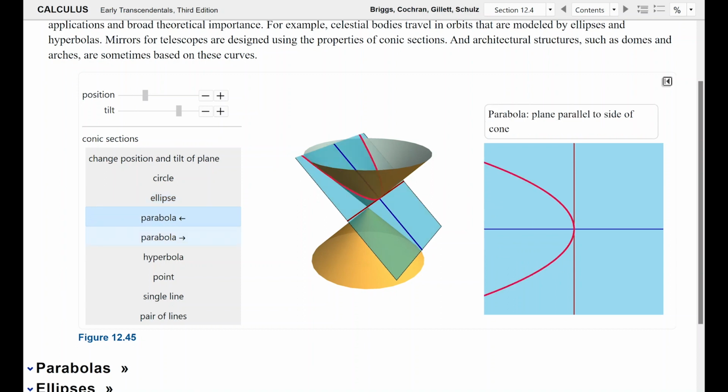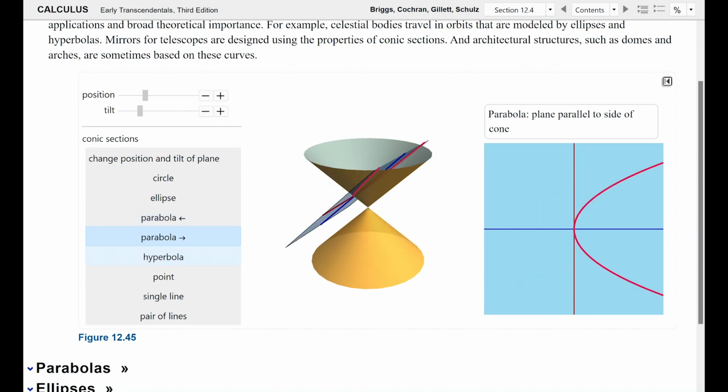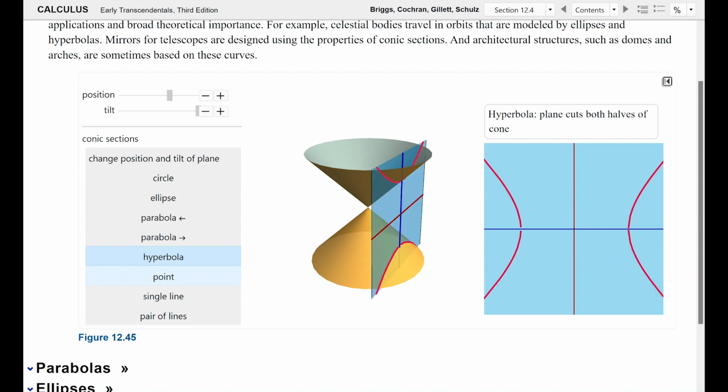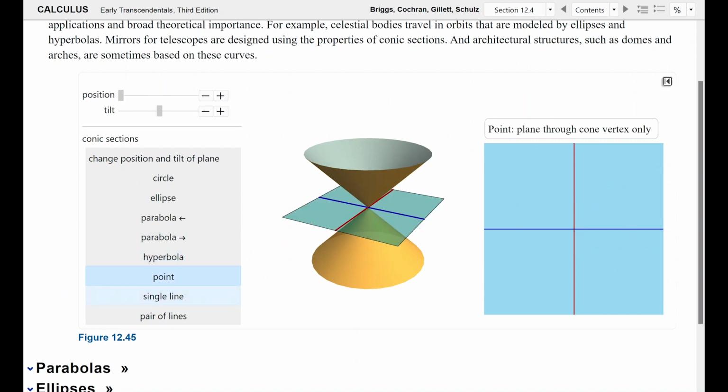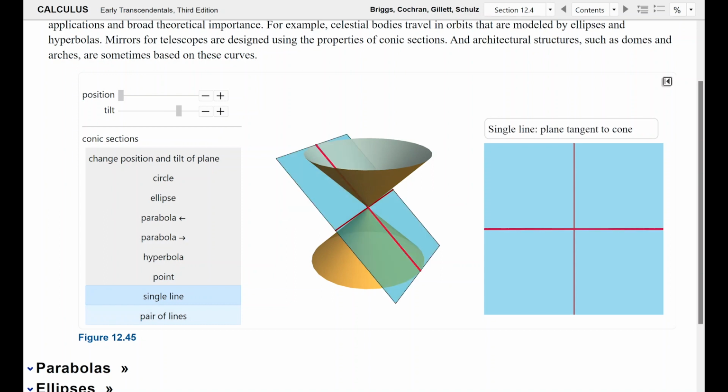There we could get a parabola that opens to the left. We could get a parabola that opens to the right. A hyperbola, and a point, which is the intersection right where those two cones meet. We could get a single line or a pair of lines.